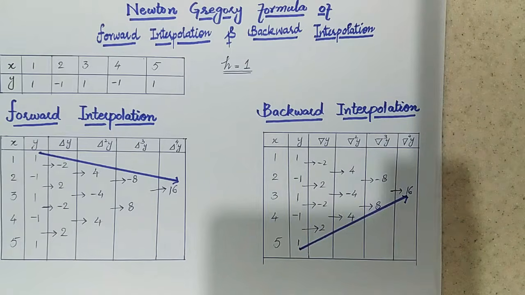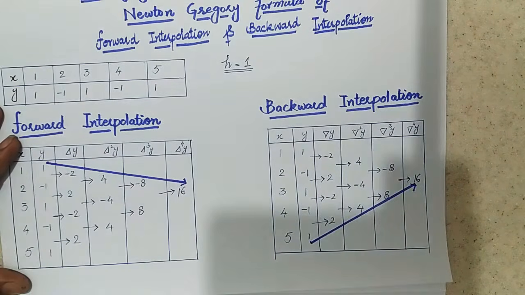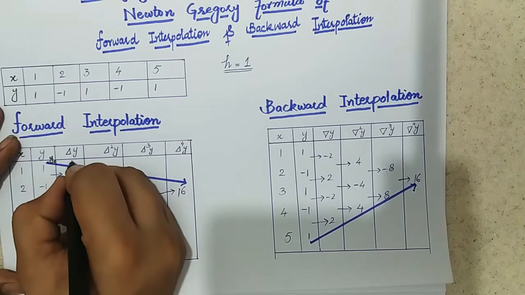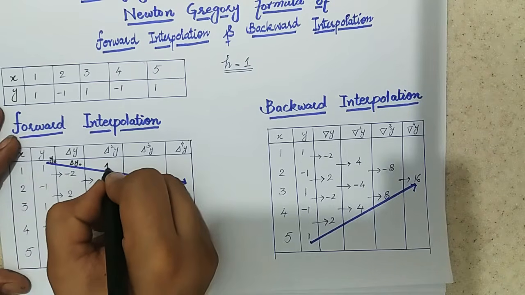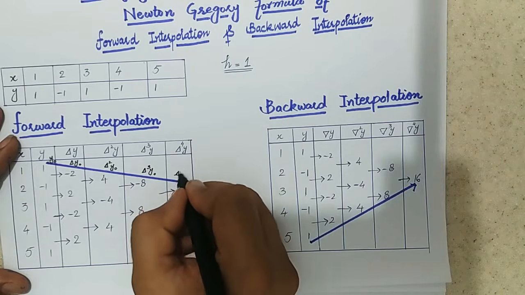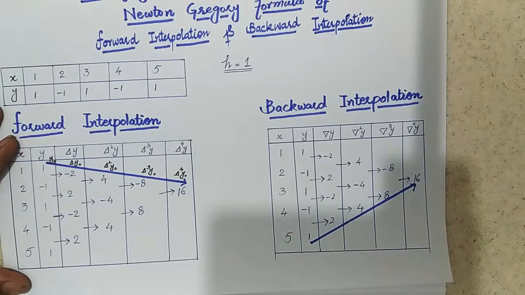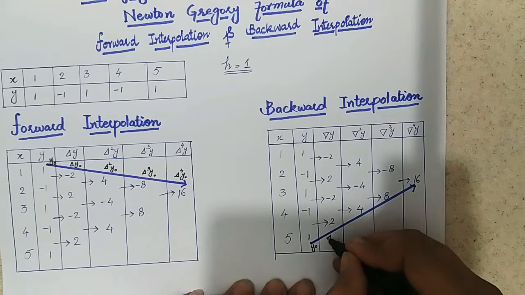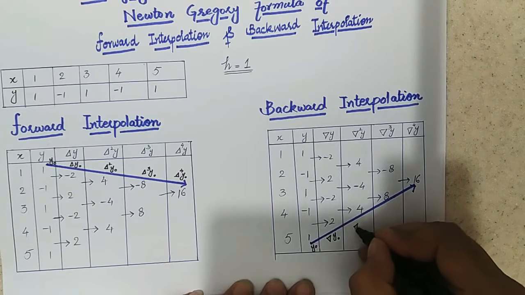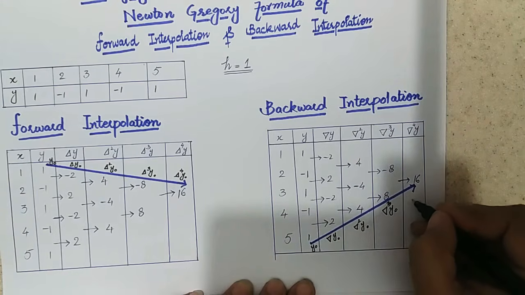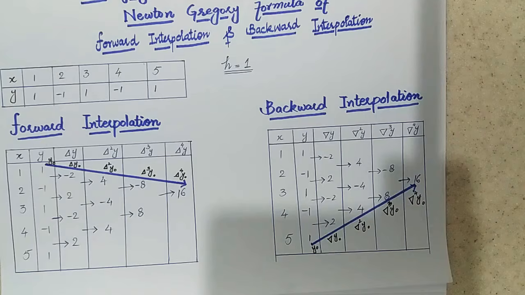So this first value is y naught, this is del y naught, this is del square y naught, this is del cube y naught, and this is del 4 y naught. Here is y naught for the backward operator: del y naught, del square y naught, del cube y naught, and del 4 y naught.